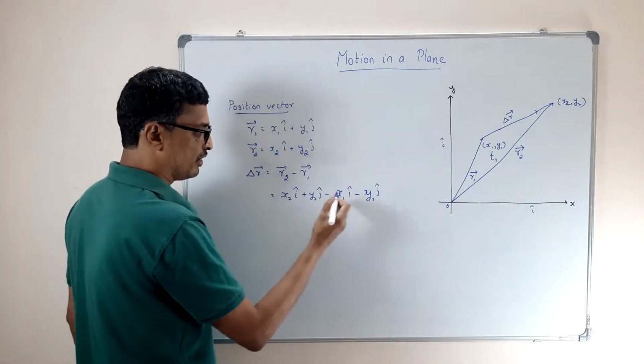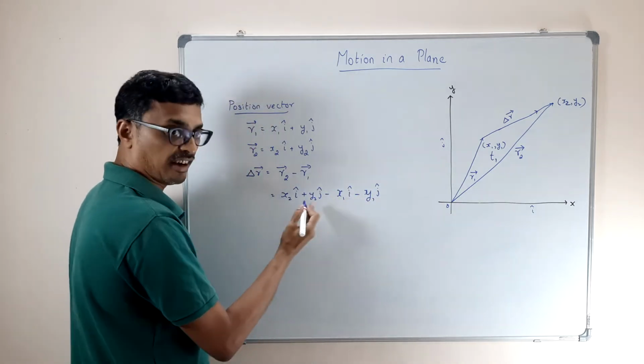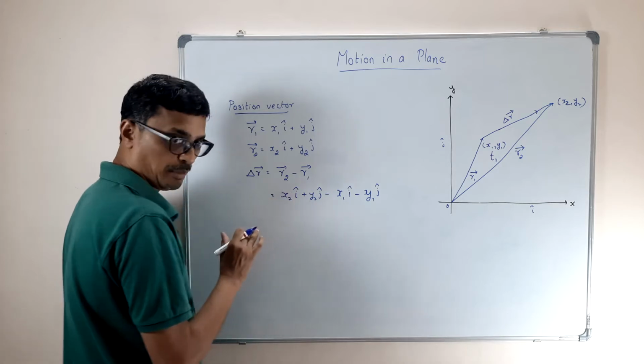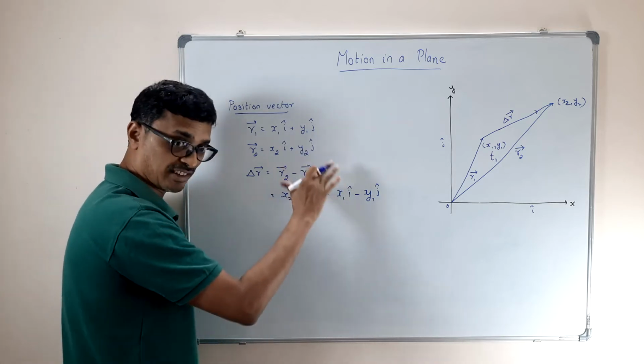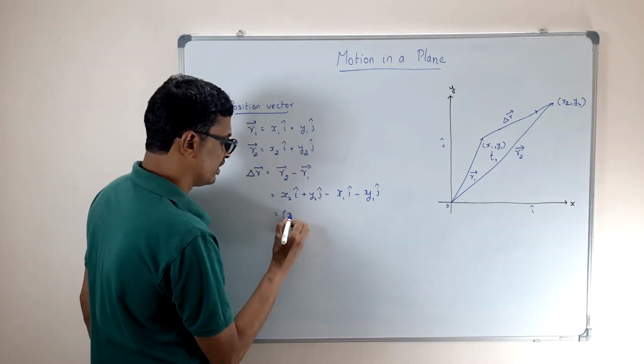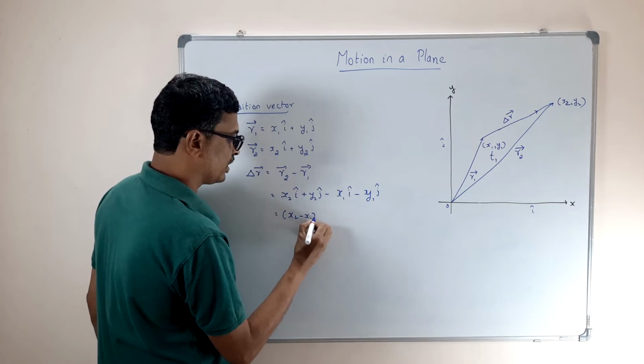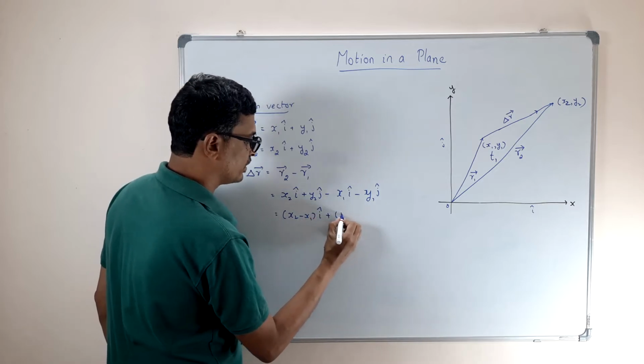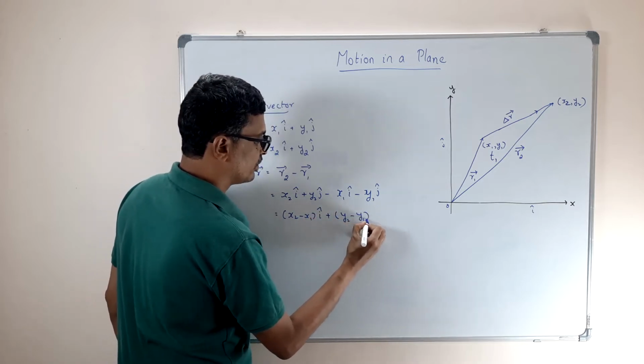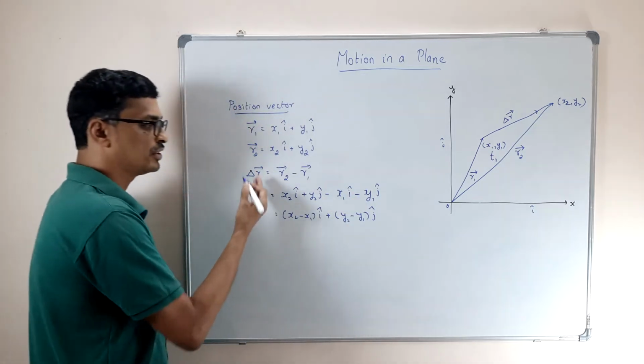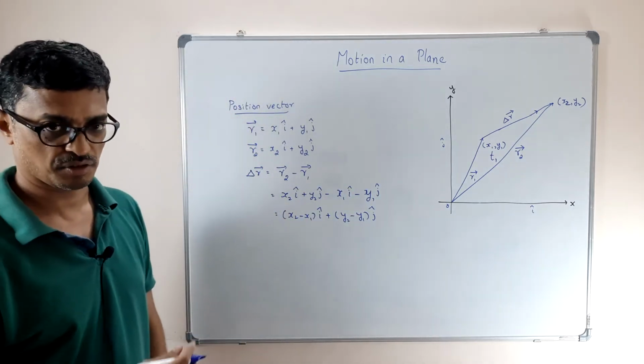Now you can't combine j and i. You have to combine only the i caps, the direction along the i vector. So this will be x2 minus x1 i cap plus y2 minus y1 j cap. Okay, so this is a way of solving the vector also.